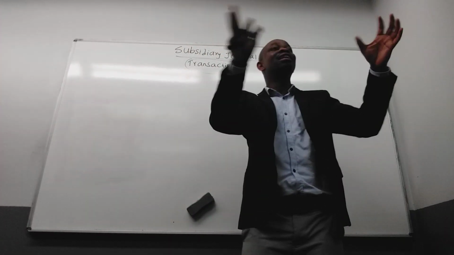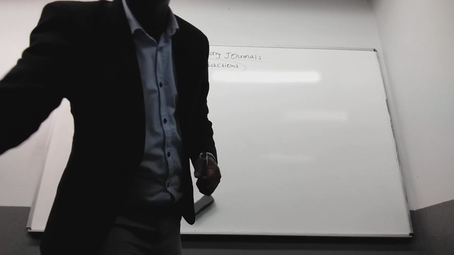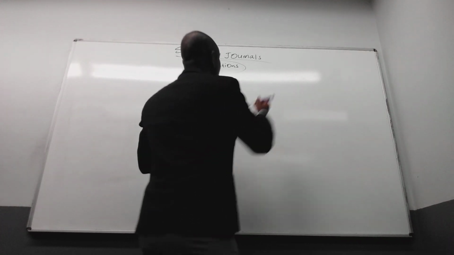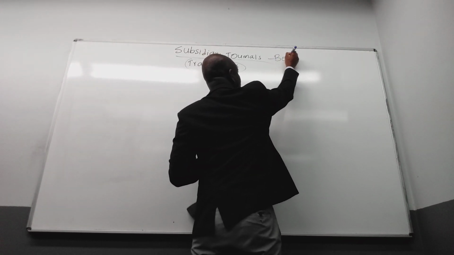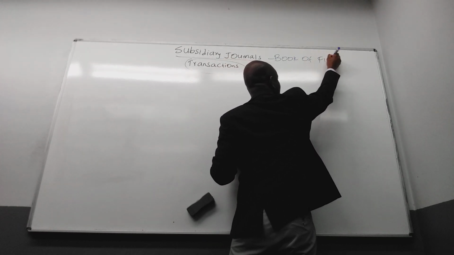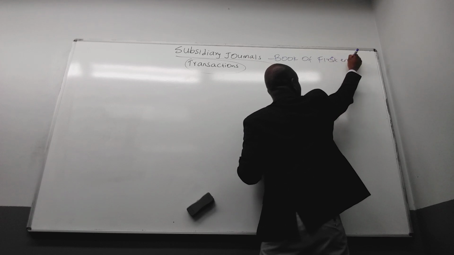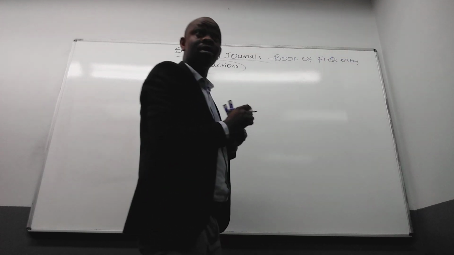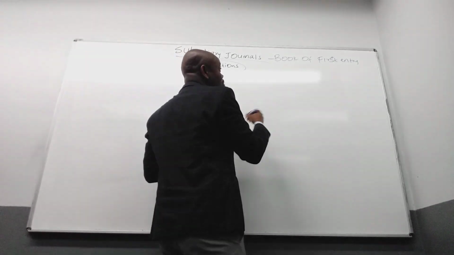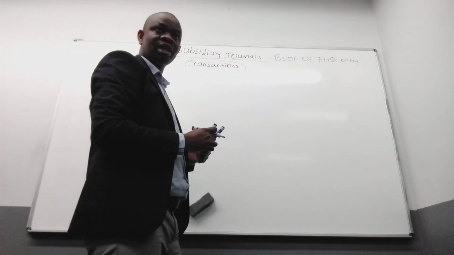So we're going to separate them and group them according to their nature. Sometimes these are called books of first entry, and sometimes you can call them books of prime entry. Are we together?